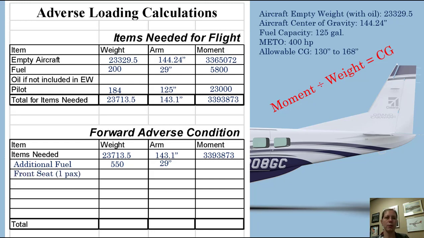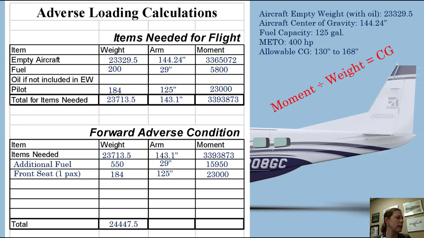We get front seat, one passenger. Again, they're 184 pounds, our theoretical weight. That front seat is located the same as the pilot's seat, 125 inches. And then I can calculate both moments. Weight times arm equals our moments. And you can pause the video if you like and add all these items up. So I'm going to add them up.